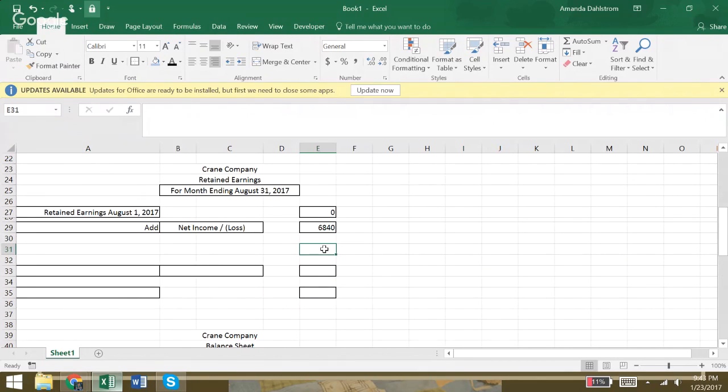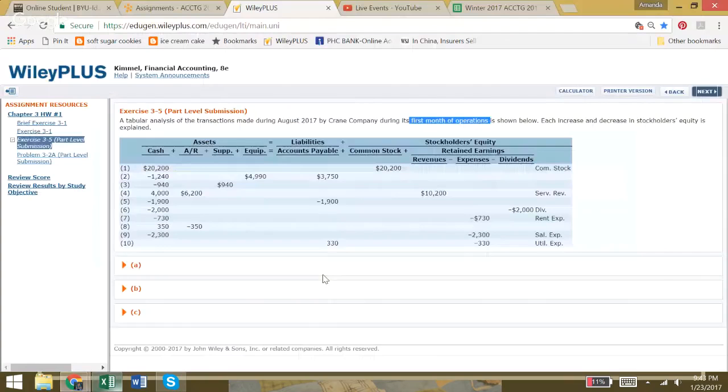And so our total here is going to be our 6840 plus the previous retained earnings, which is 0. Next, we're going to subtract any dividends that may have been paid. So to find that, let's go over here to our journal, and we see right here dividends of $2,000.